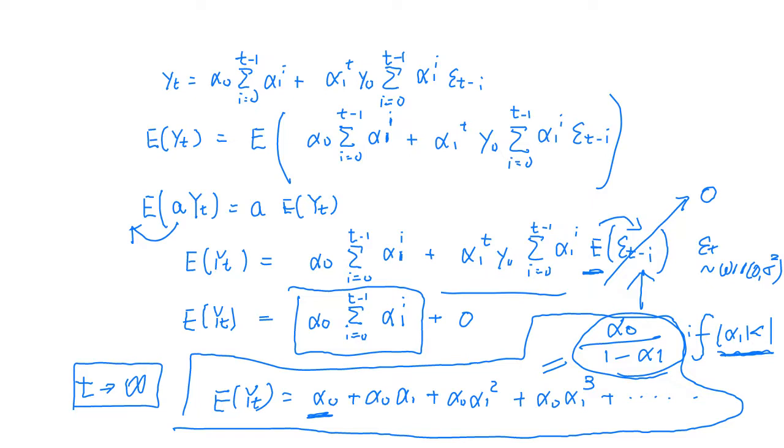So the second moment, using the same idea, to find out the necessary and sufficient condition. Okay, so this is the most intuitive way to find the first moment, but actually there is an easier way to do so. So if we go back to the mathematical representation of this process again, what is the easiest way for us to derive it? yt is equal to alpha naught plus alpha 1 y(t minus 1) plus epsilon t.